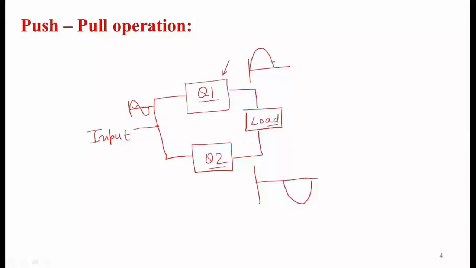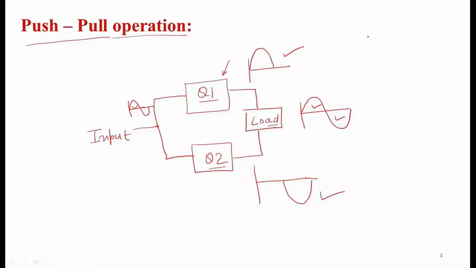Combining the 2 outputs, one from the transistor Q1 and one from the transistor Q2, we get the complete cycle at the output, the positive cycle as well as the negative cycle, where the positive cycle has been provided by transistor Q1 and the negative cycle has been provided by the transistor Q2. Hence, this is called the push-pull operation. The transistor Q1 pushes the signal up in the output and the transistor Q2 pulls the signal down at the output. Hence, this is called the push-pull operation.